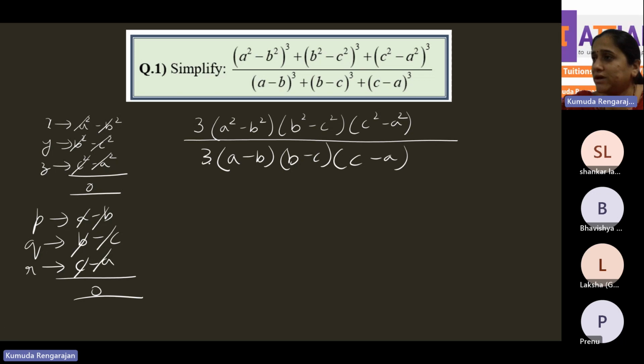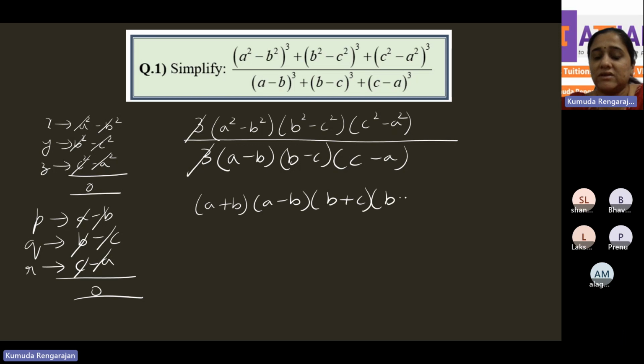So we factorize the numerator and the denominator. Now 3 and 3 will get cancelled. Now we should further factorize the numerator. We have a squared minus b squared, which can be written as a plus b into a minus b. b square minus c square is b plus c into b minus c. c square minus a square is c plus a into c minus a.